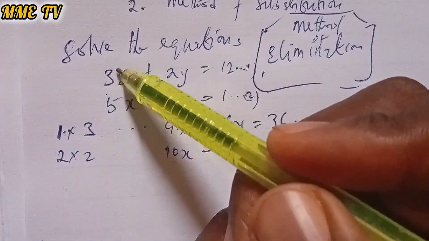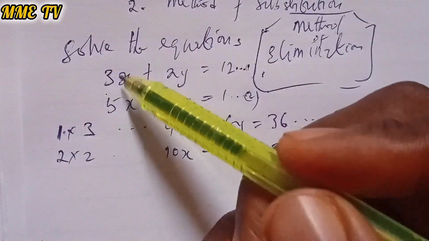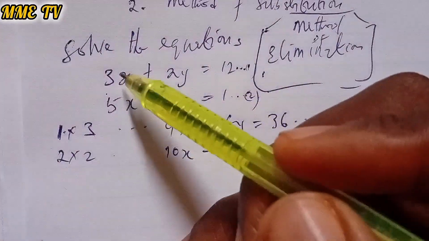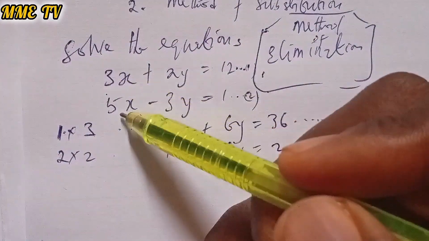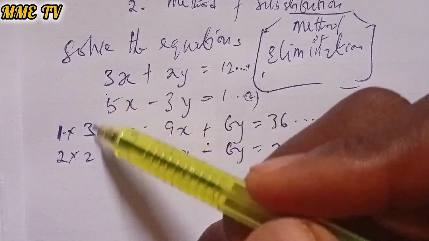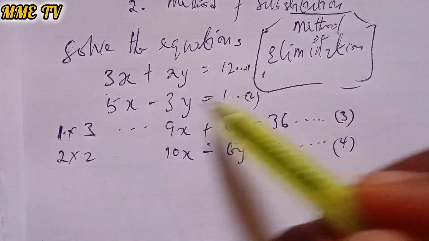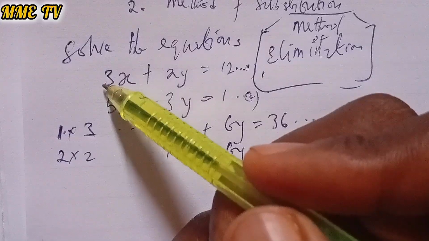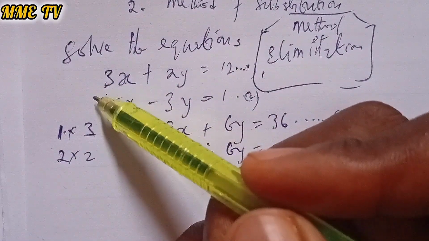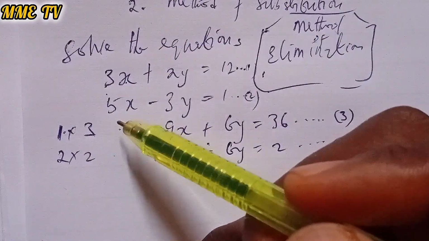You can call this the A, this is the B, and this is the C. If I've chosen to multiply the A's, if I wish to eliminate the A's, I would have said, let me multiply equation 1 with 5 and multiply equation 2 with 3, so that I will be having 15x and 15x here. Then I will now use the sign between them to cancel them. Do you understand this?